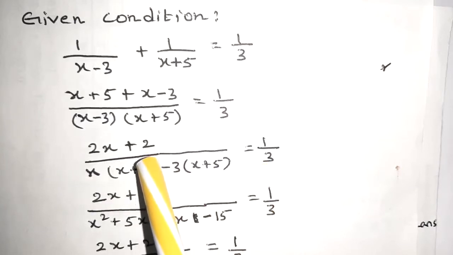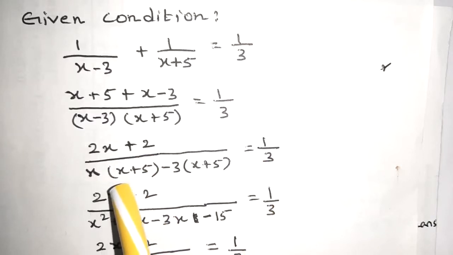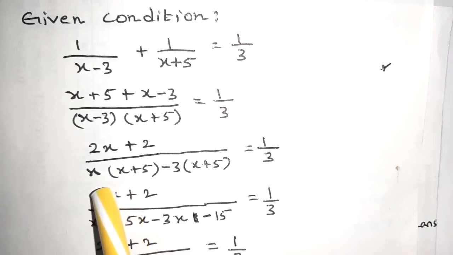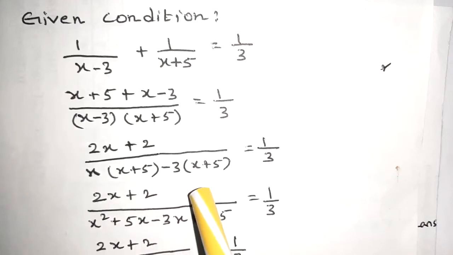2x plus 2, and x multiplied by x is x square, plus x multiplied by 5 is 5x, minus 3x minus 15.